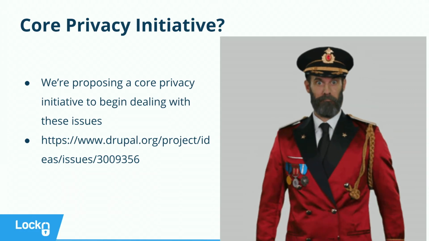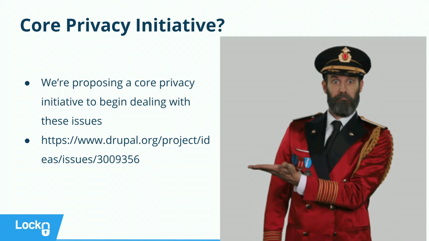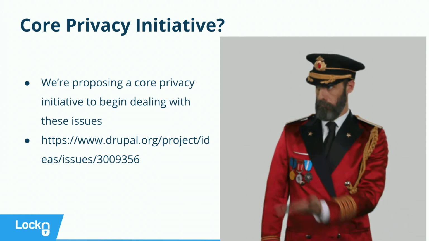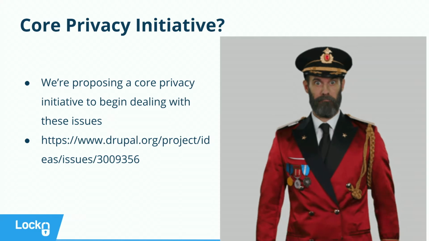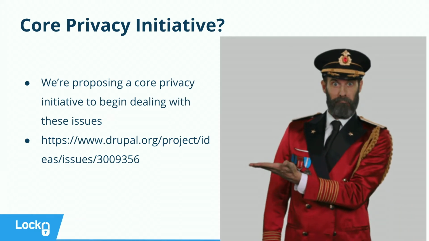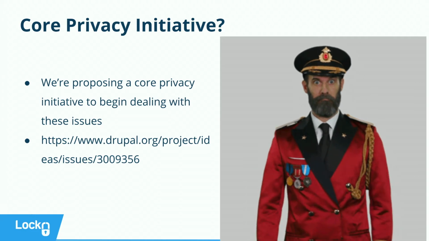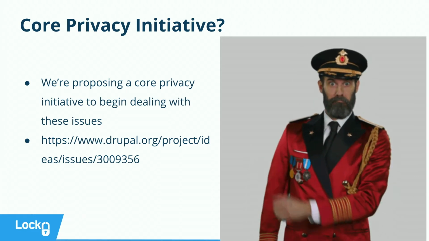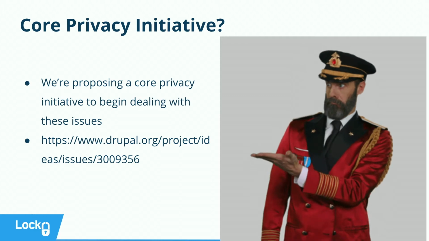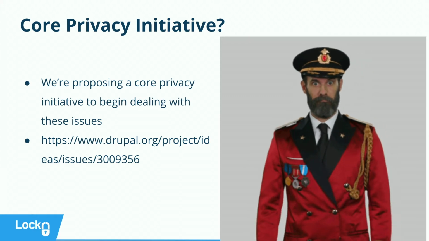We're taking a lot of keys from the WordPress community. They are way ahead of us in the privacy world. They actually have privacy in core. And one of the cool things that they have is they allow plugins to declare to the core framework, this is the data that I'm collecting and sending to a third party, Cambridge Analytica.